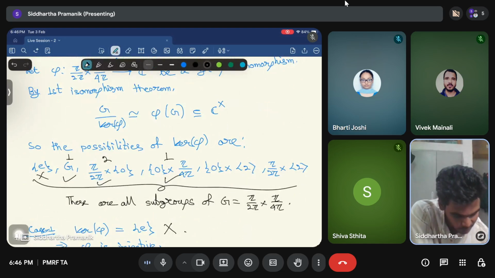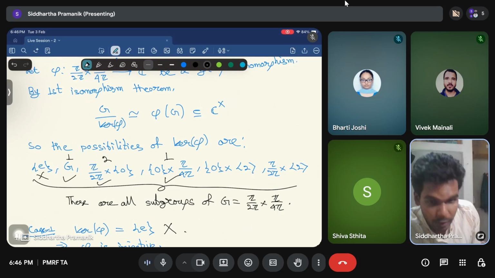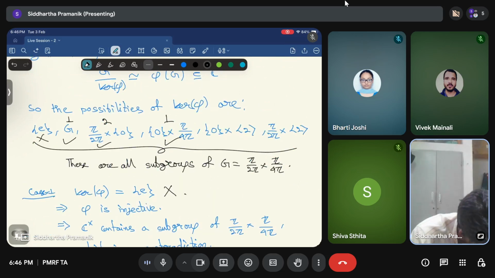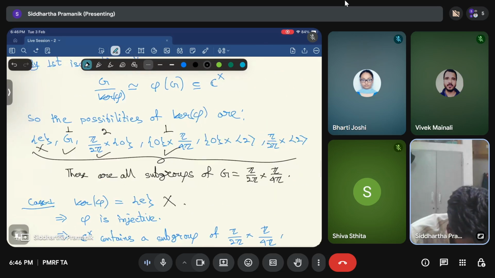And in these other two cases, I will just write down and let you check on your own. But if you are not able to do it, just let me know in the next class and I will do it. Or maybe you can write it in the discussion forum also. Okay. So in this case, we will not get any homomorphism.